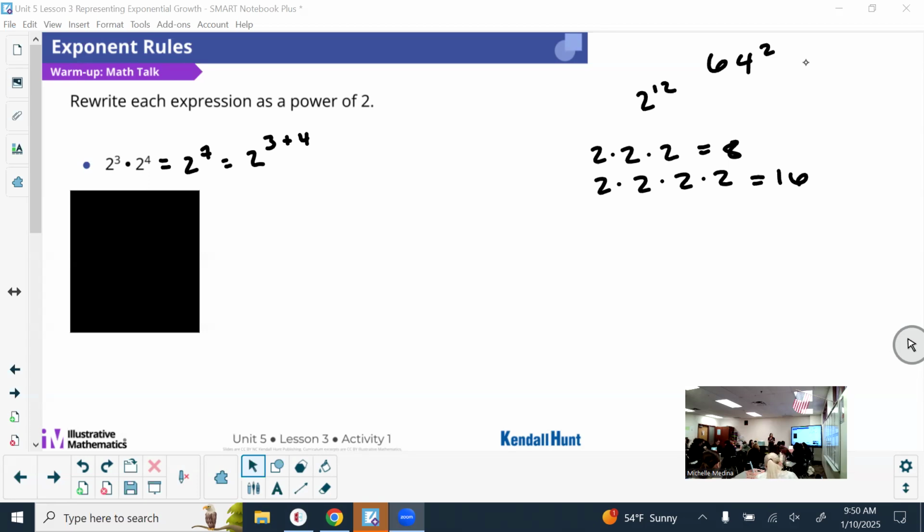What we were talking about is that the correct answer for 2 cubed times 2 to the fourth is 2 to the 7th. And that is because, and you have a little chart of exponent rules in the top right corner, when you have the same base numbers, like these are 2's, being multiplied together, you can just add the exponents.